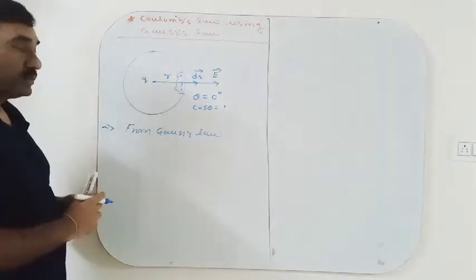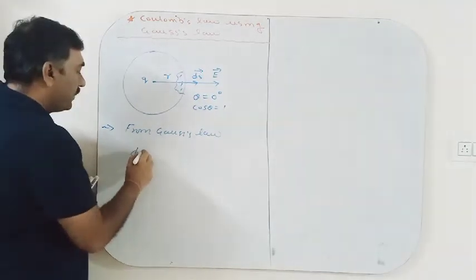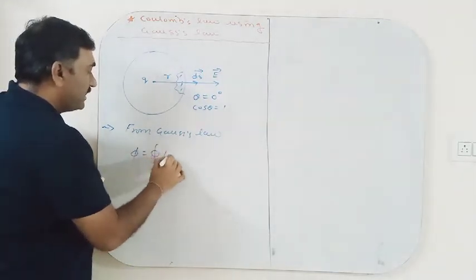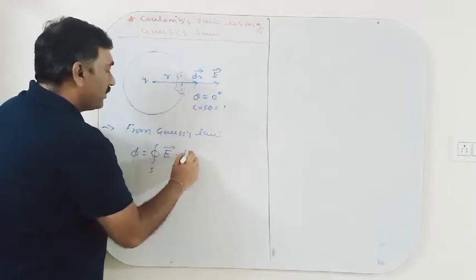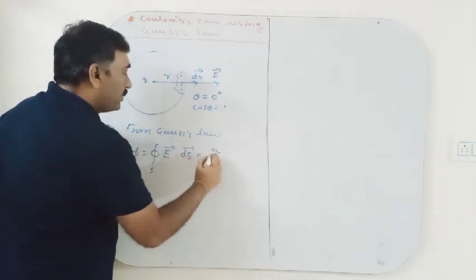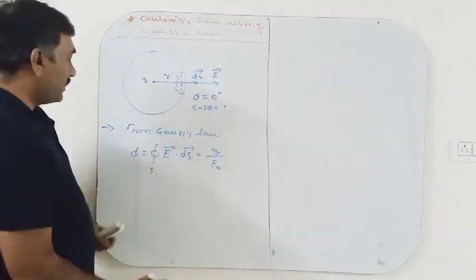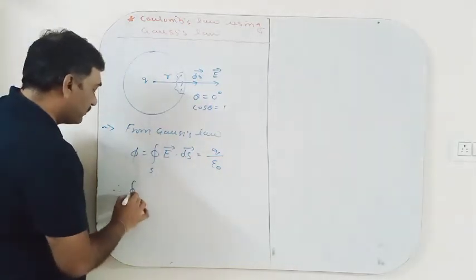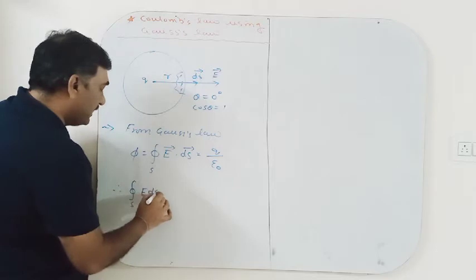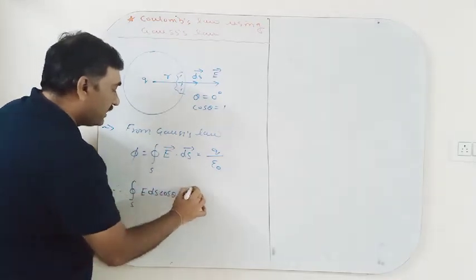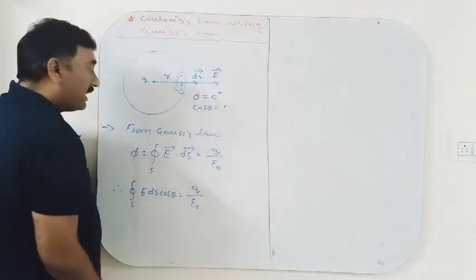So from Gauss law, what is Gauss law? The total flux, the surface integration of E dot ds, is equal to q upon epsilon 0. The dot product gives E ds cos theta equal to q upon epsilon 0.